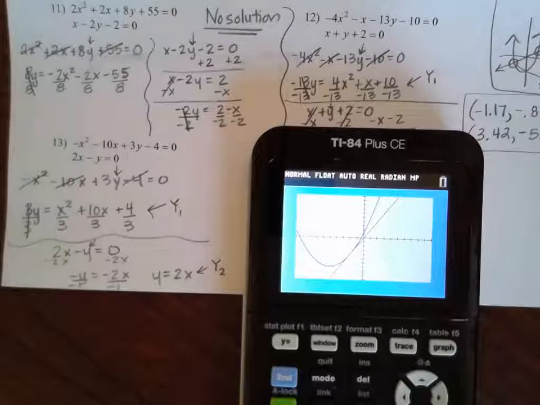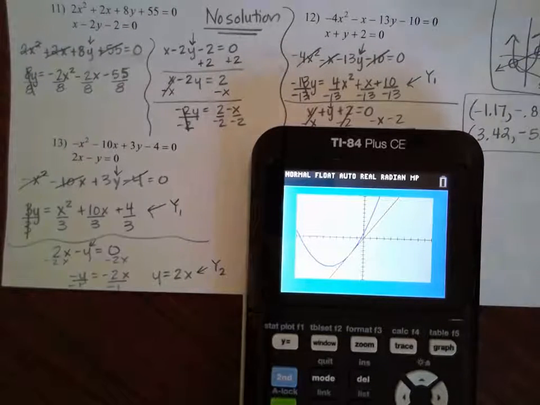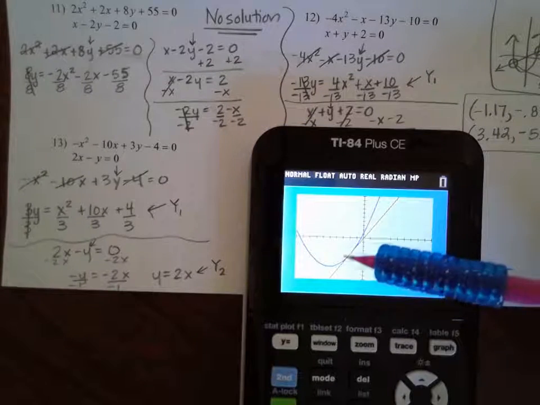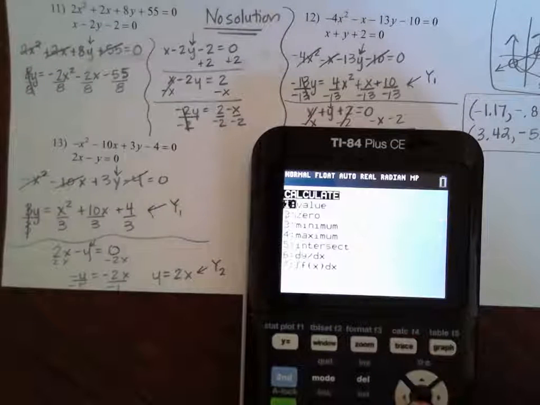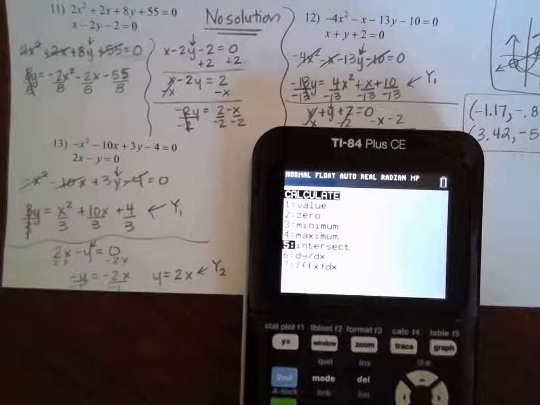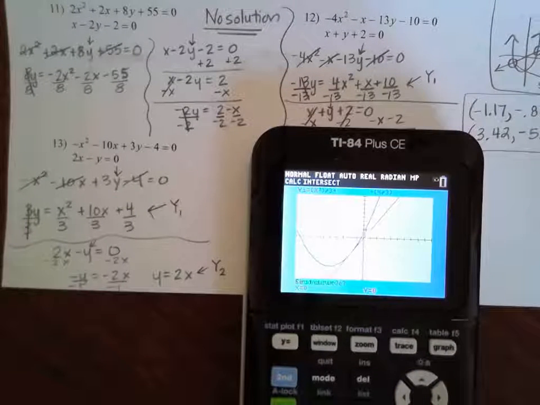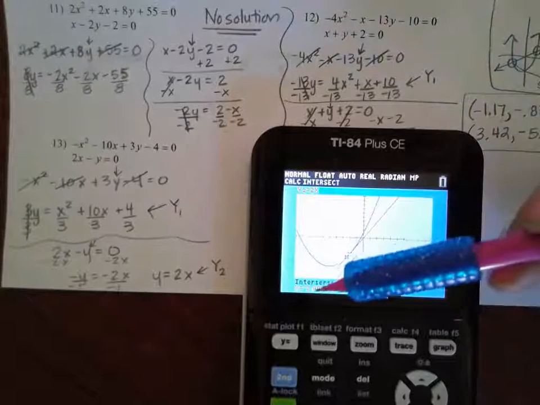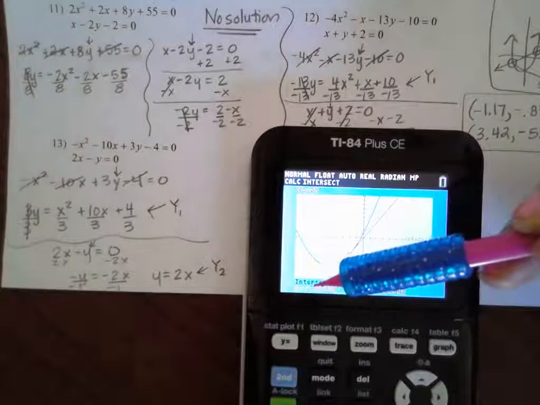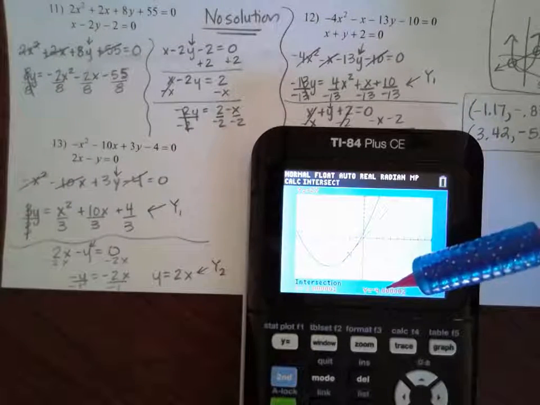Okay, there's our picture. So it looks like right in here is where we have our solution. So second, trace, number 5, hit enter, enter, enter, keep hitting enter till it gives you an answer. Alright, so the intersecting point is at negative 2, comma, negative 4.